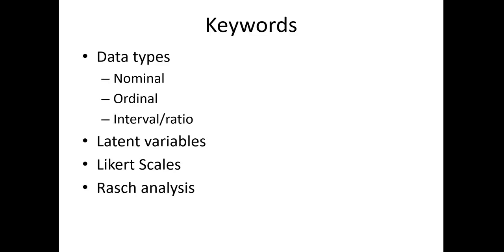Interval and ratio data are things like, interval would be like temperature. In Fahrenheit and Celsius, there's no absolute zero. But the difference between 0 and 1 and 32 and 33 and 100 and 101 is pretty much the same.